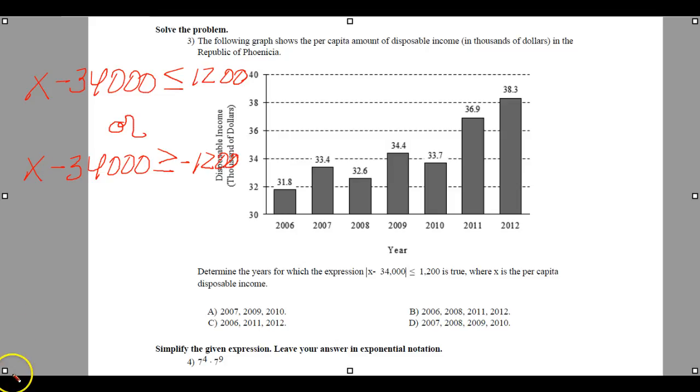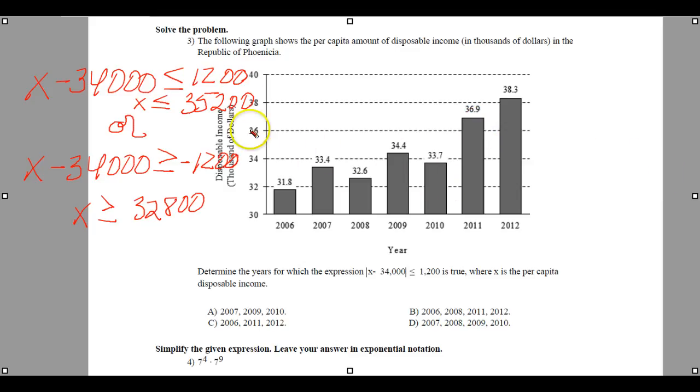So then you solve each one of these, and you get, for the first one, 35,200, or the second, 32,800.